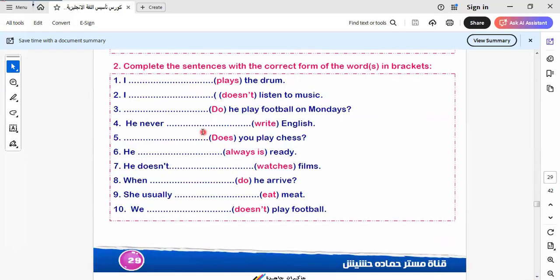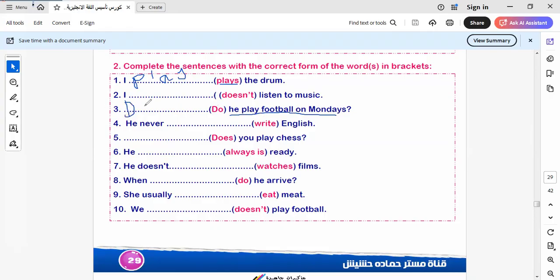Let's go to another kind of question, which is called correct the verb between brackets. Here we say plays. Is it right? No, it's not right. Why? Because as we told you before, I doesn't take s. Okay, here we say he play football on Monday. It will be, I replace do with what? With does.